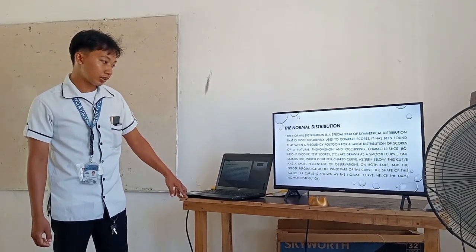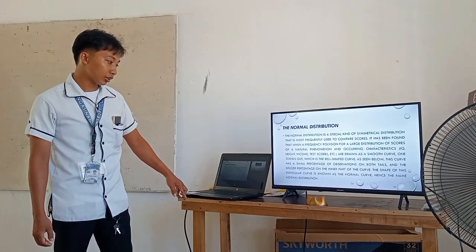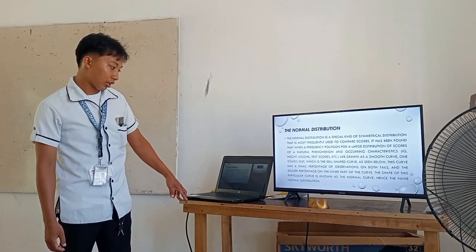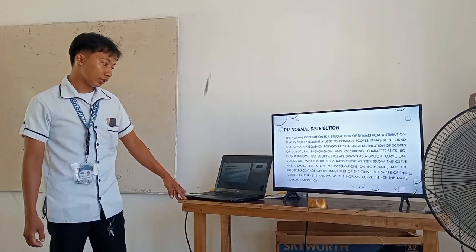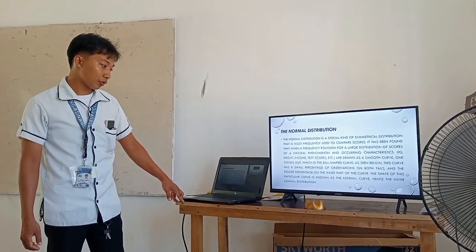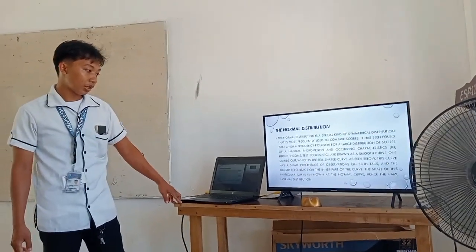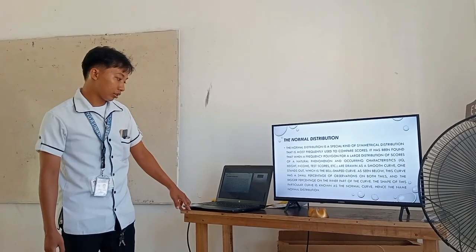As seen below, this curve has a small percentage of observations on both tails and a bigger percentage on the inner part of the curve. The shape of this particular curve is known as the normal curve, hence the name normal distribution.